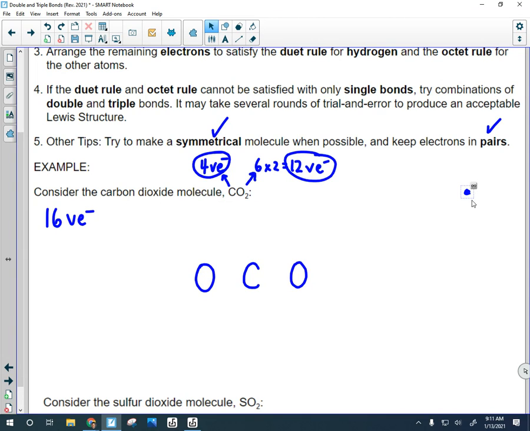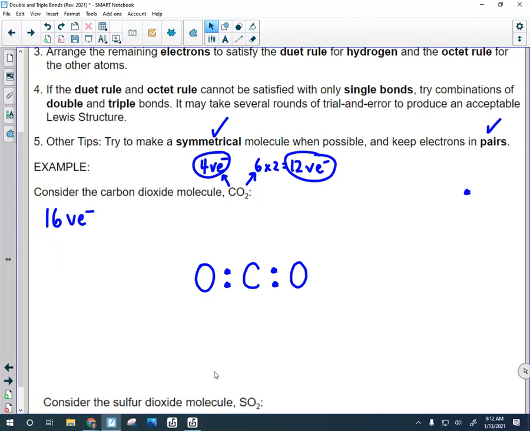But what I need to do is bring 16 of these electrons into the structure, and I want to start with single bonds. So I'm going to bring in 1, 2. That would be a single bond between that oxygen and carbon. 3, 4 of my 16. That would be a single bond.